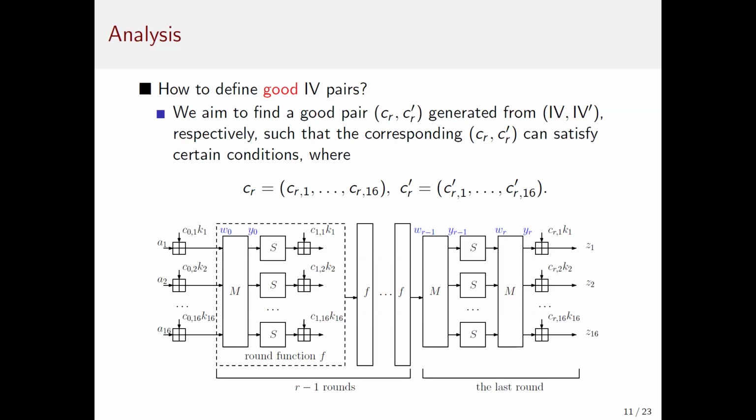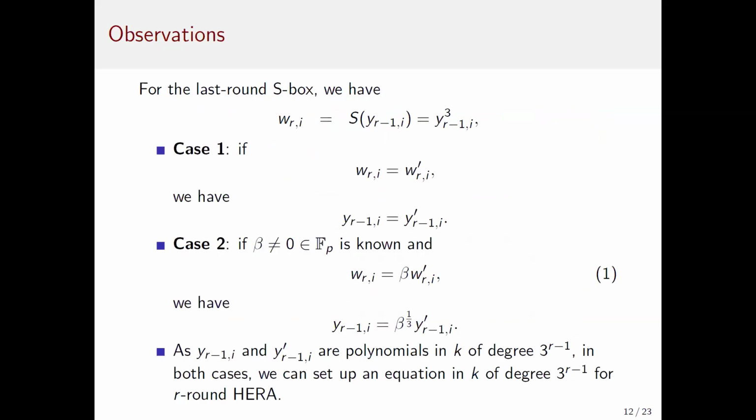So instead of considering conditions on the IV, we consider conditions on the output of the XOF, more specifically on CR and CR prime. They are used for the last round key generation. They are both vectors, and if we can have conditions on these 2 vectors, then we obviously have conditions on the IV pairs, because the IV is the input of the XOF function.